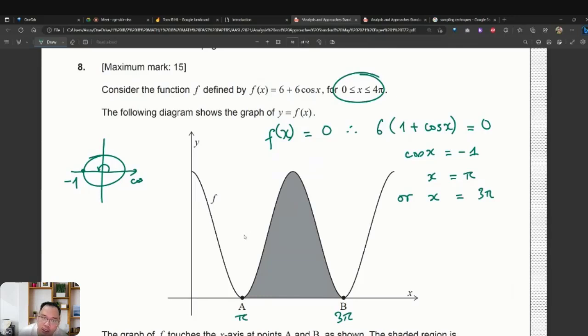The period is 2 pi. So the second value, 3 pi, is the first value pi plus the period 2 pi. Here is 2 pi.